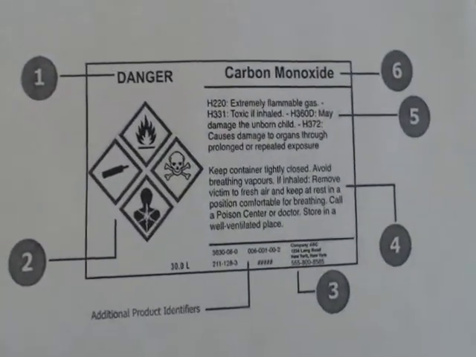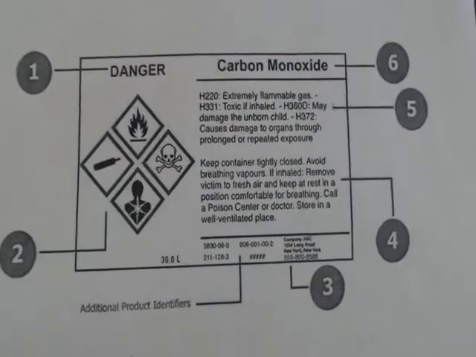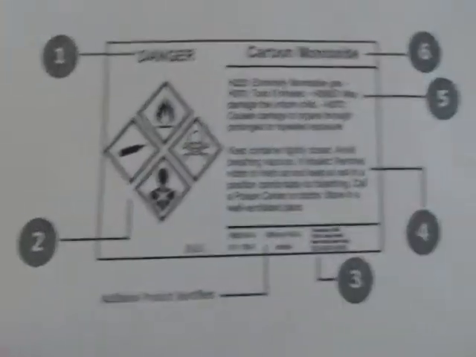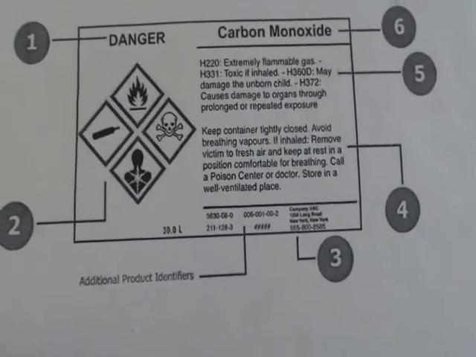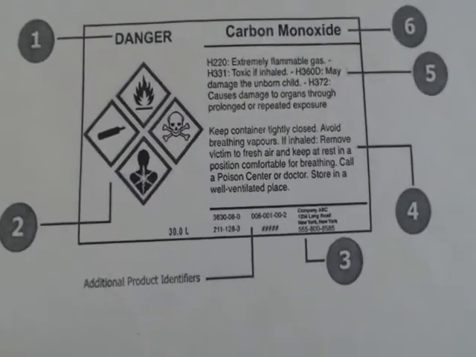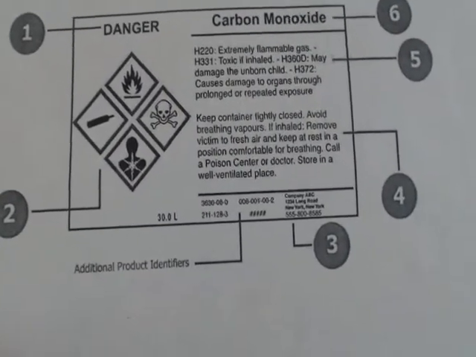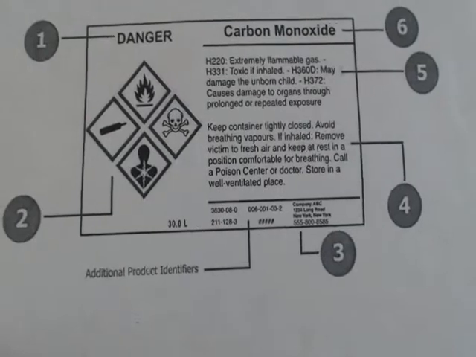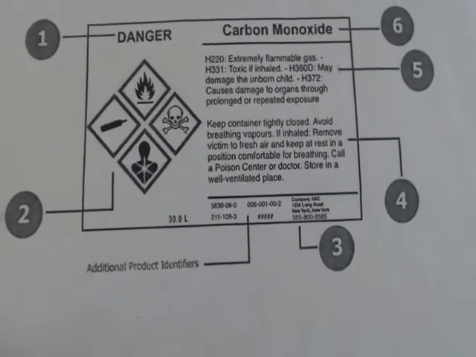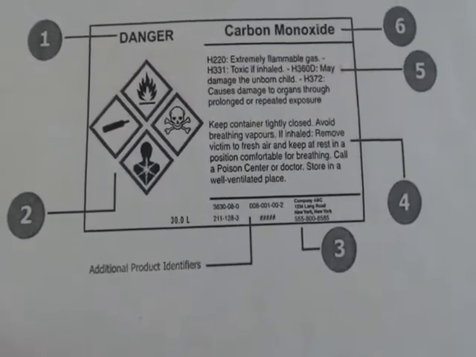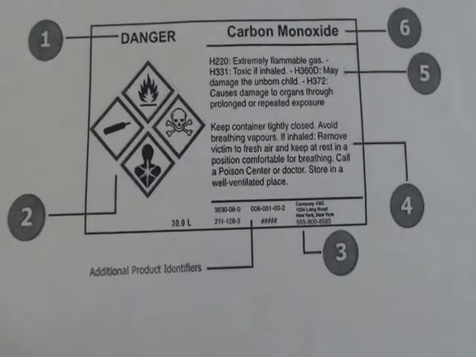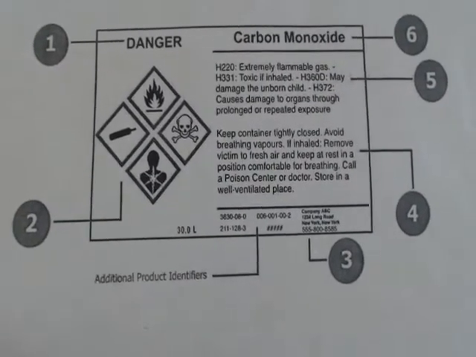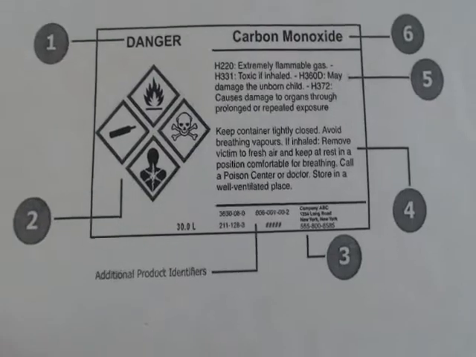Now, there's more information that's available to you on this. Number 3 down there, it's kind of hard to see, but if you had the label in front of you, you could read it a little bit better. Number 3 is going to be your supplier information, the name, the address, the phone number of the chemical manufacturer, the importer, or the responsible party, the distributor of the product, whoever it may be.